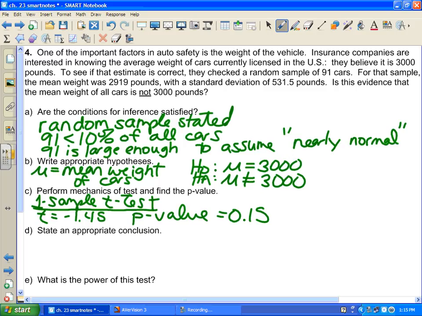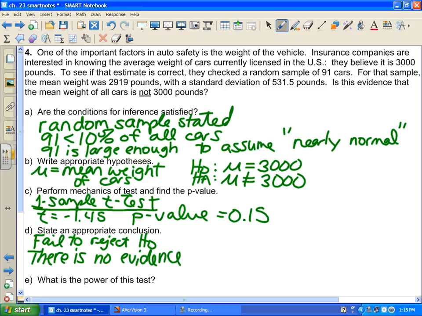What's our conclusion? Two parts. Part one. We failed to reject the null hypothesis, so you say there is no evidence. When you fail to reject, it's saying you didn't really do what you were hoping to prove.